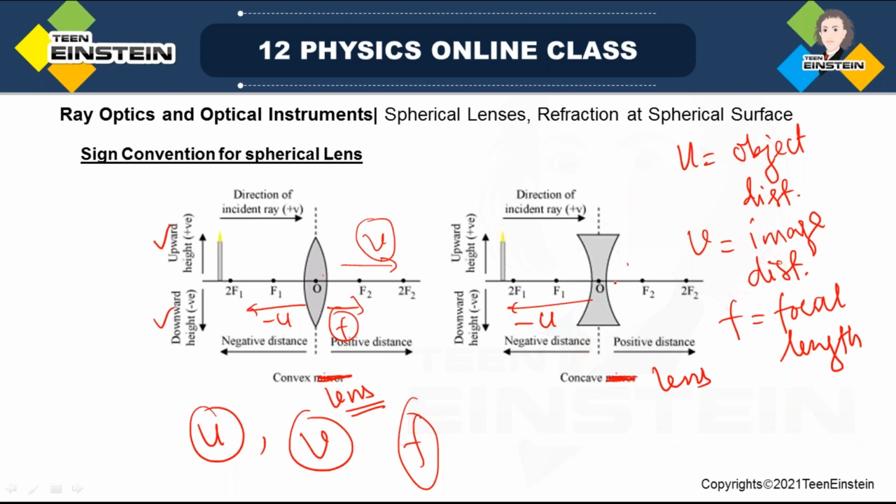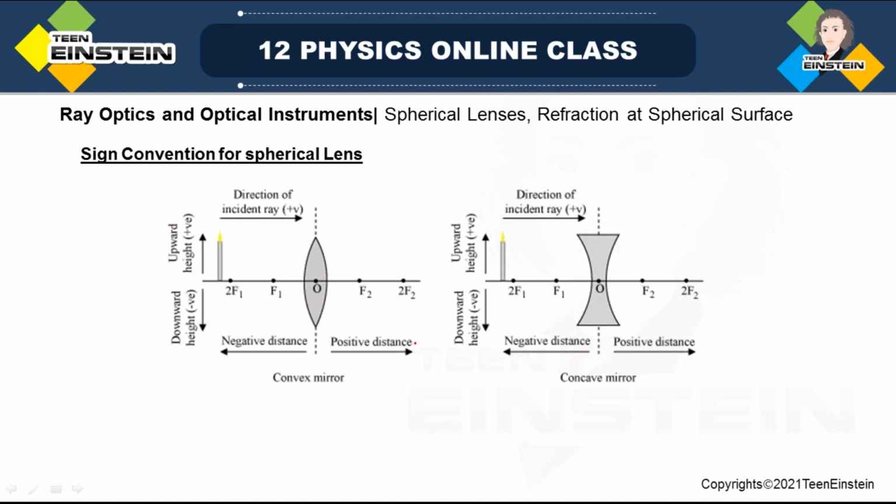In this case, it is virtual, so it will generally be a negative focal length. Whatever distance you measure on the left hand side will be negative, and on the right hand side positive. I am talking about lenses here now.